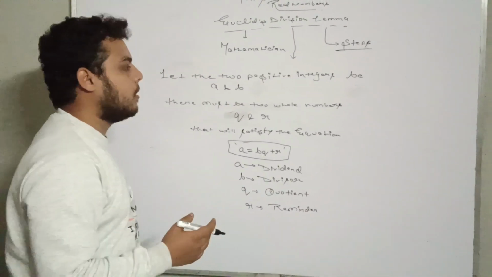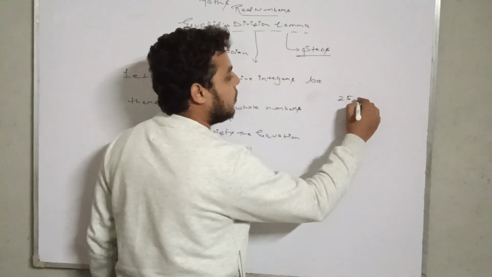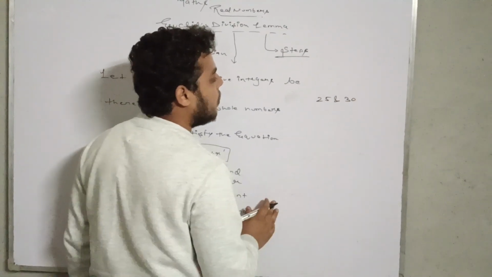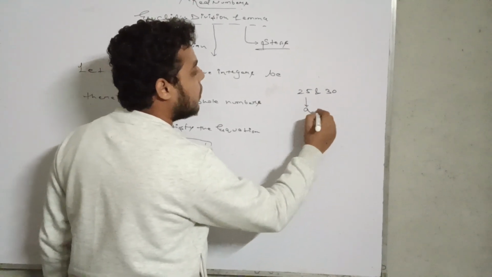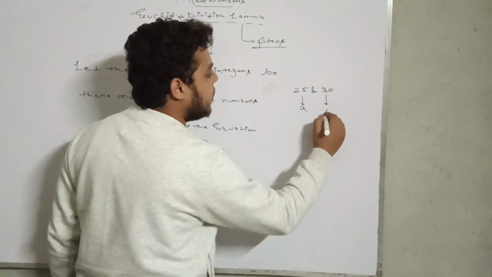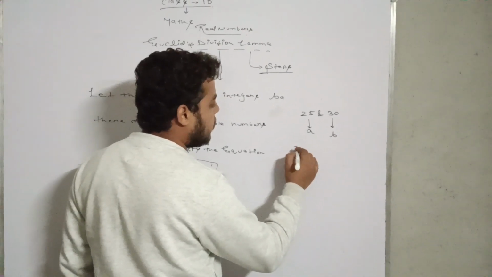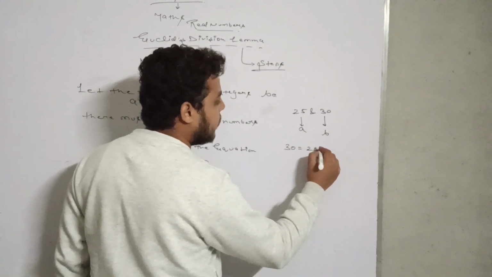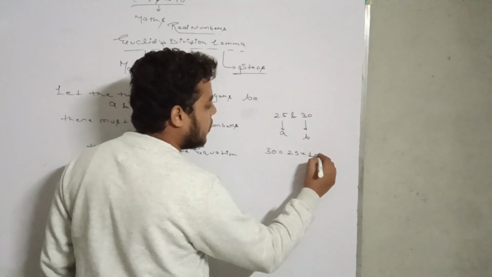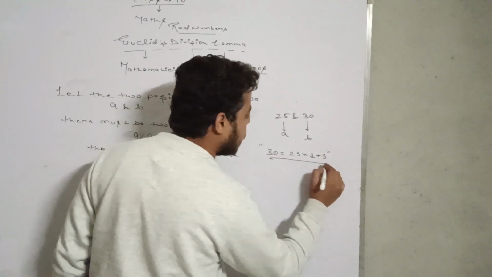If we take an example, let's say there are two numbers, 25 and 30. Let's assume that 25 is a and 30 is b. Then I can write 30 as 25 into 1 plus 5. How did I reach this conclusion?